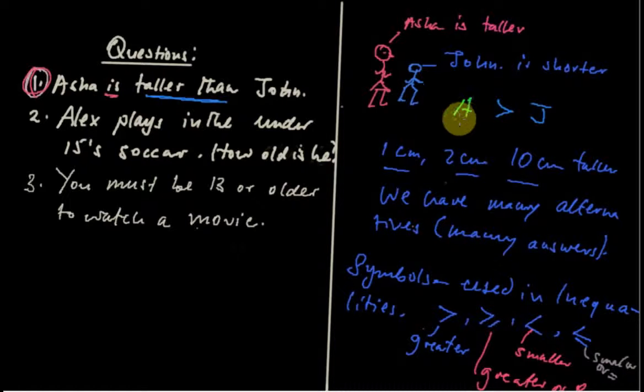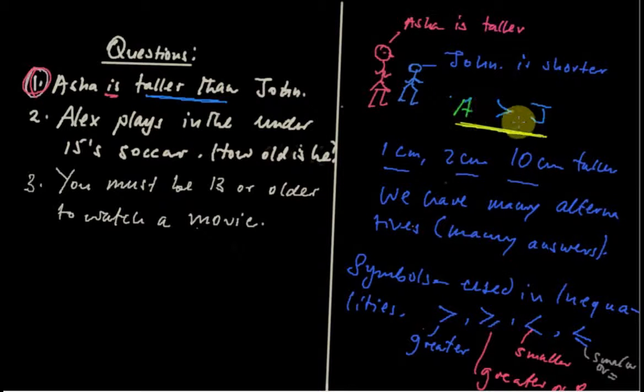Asha is to the left and is taller, so greater. This is an inequality which talks about Asha and John. Asha is taller than John. Asha is to the left.